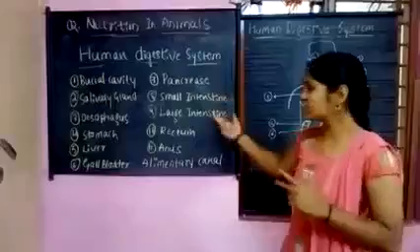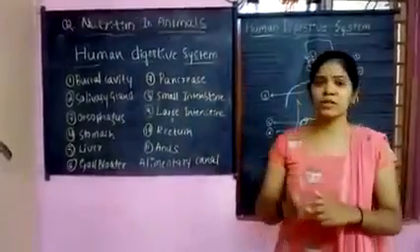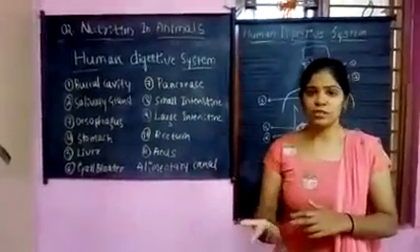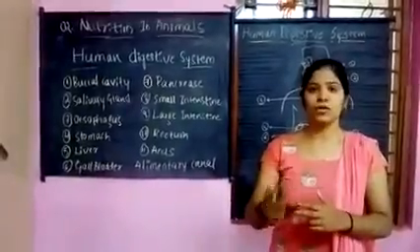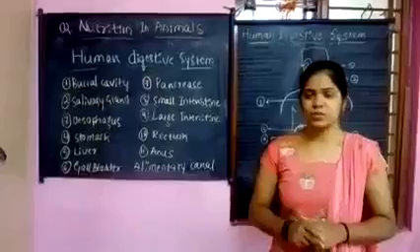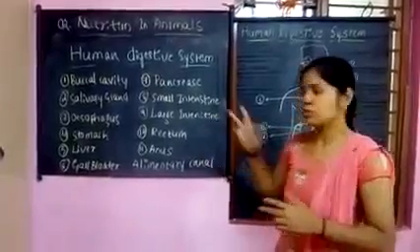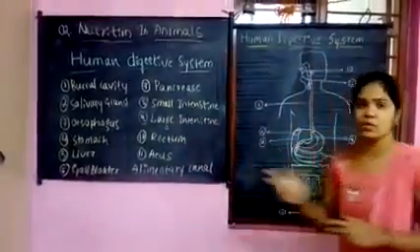So these parts have different functioning properties. We are going to study them one by one in the next class. So these are some important parts of the human digestive system.